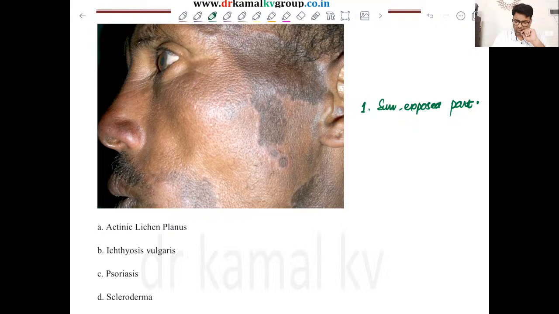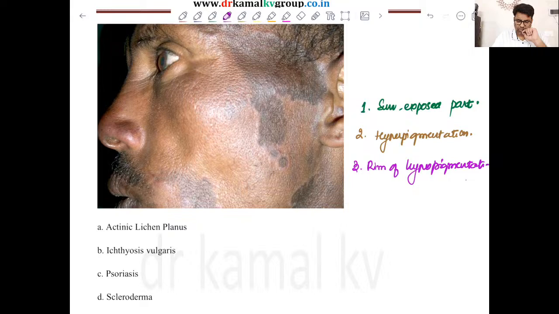Number two, what you can see here, there is hyperpigmentation, okay, and there is a rim of hypopigmentation, right? So again, if I show you the numbers, of course this is 1 and 2. Over the face, sun exposed part, 2, it is hyperpigmented.